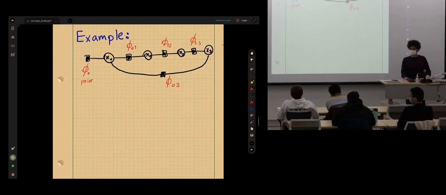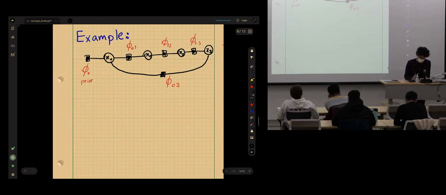So what are the models? We made it clear already that these models are, for us, Gaussian distributions, exponential factors. So the prior is exponential of negative 1/2 of the norm.